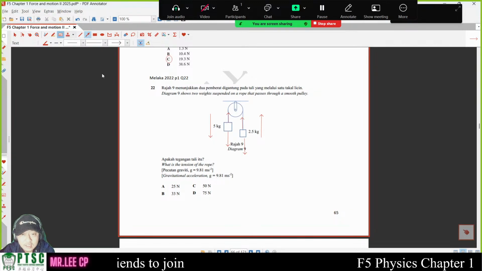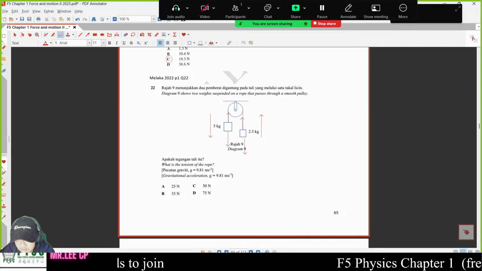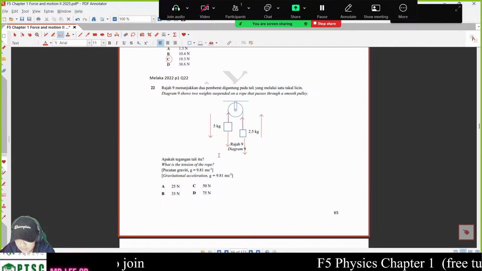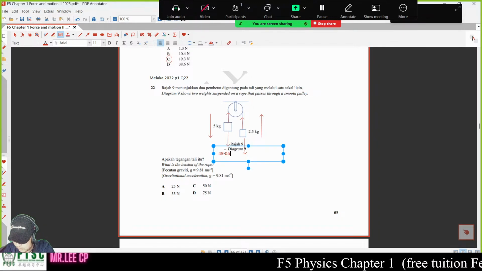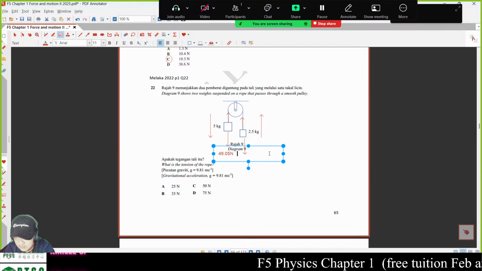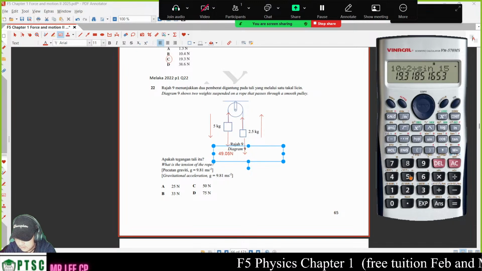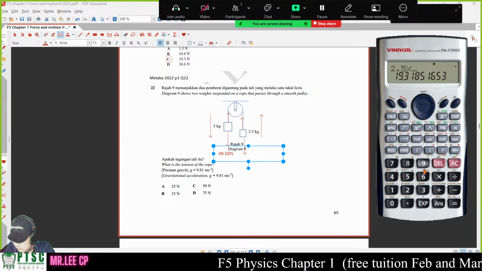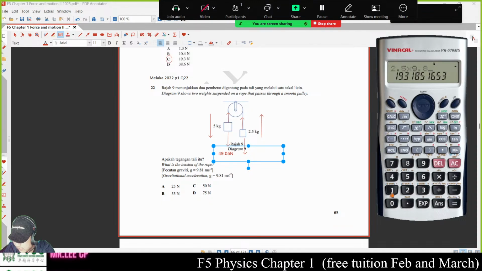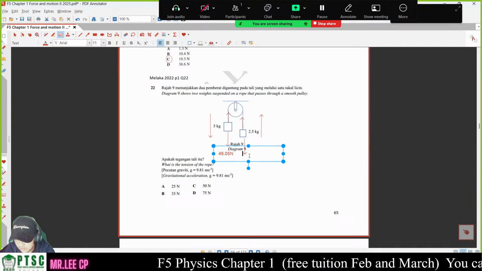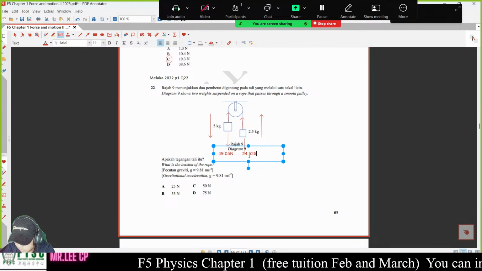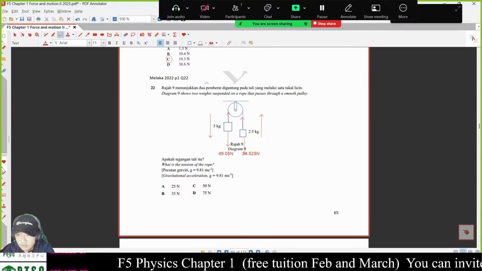Okay, so we label all the forces. This is W. W is 49.05 Newton. Then 2.5 times 9.81 is equal to 24.525 Newton.